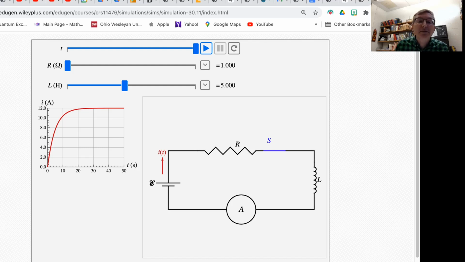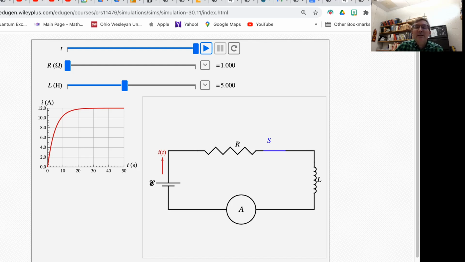The final current appears to be 12 amps, and after 5 seconds, we're at about 66% of that. Notice the final current of 12 amps must be equal to E over R. And R is 1 ohm. So the EMF of the battery must be 12 volts in this case.